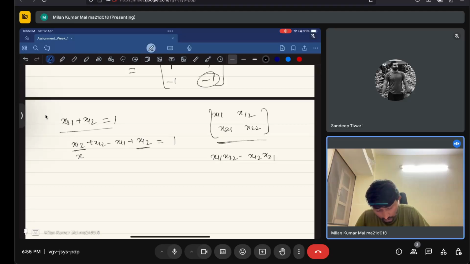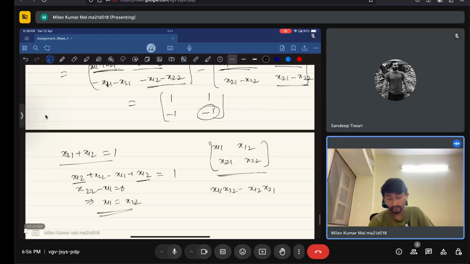This plus this is 1, so therefore x22 minus x11 equals 0, therefore x11 is equal to x22, right? Right. Yes.